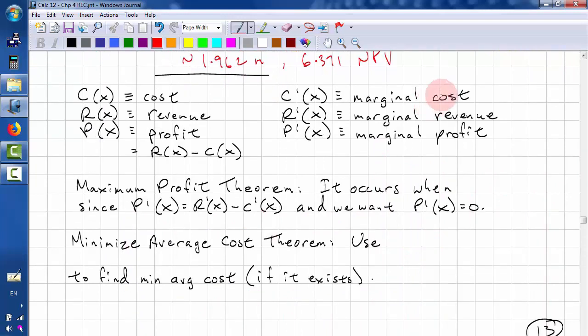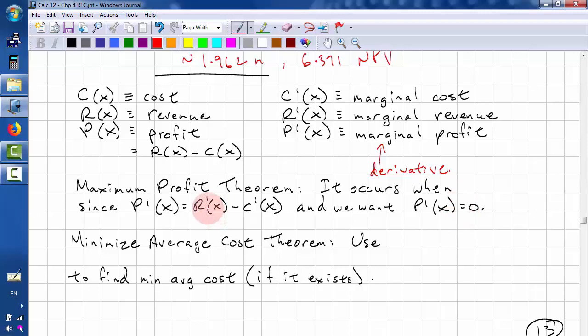Okay, the next problem is for business. We have our cost function, our revenue function, and our profit function. Profit can be defined in terms of cost and revenue. We have the marginal functions as well, which means the first derivative. When we want to maximize profit, this happens when the derivative of the profit equals 0.